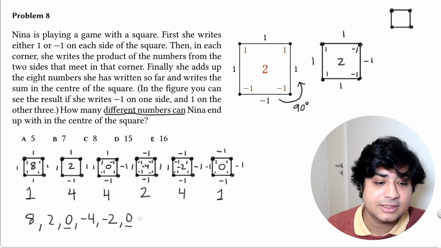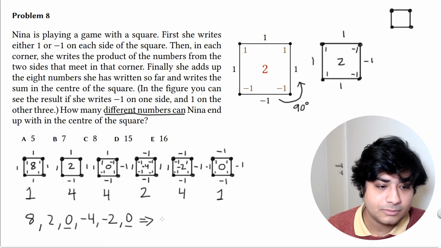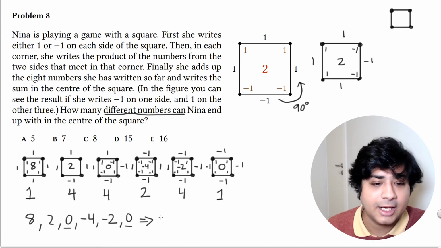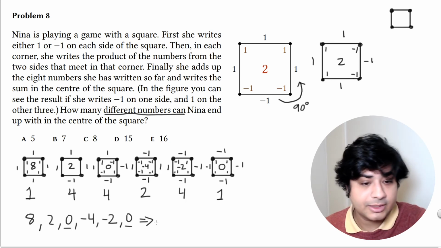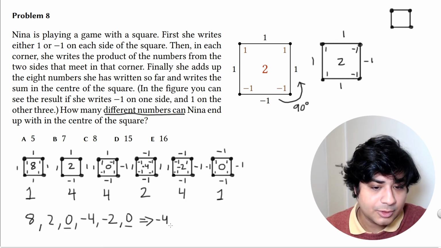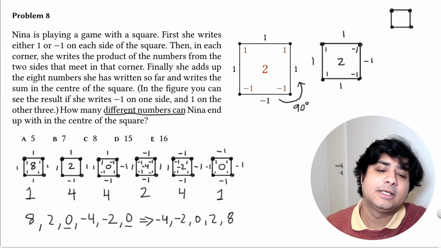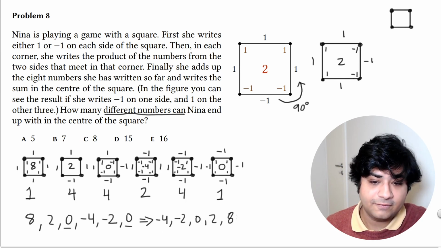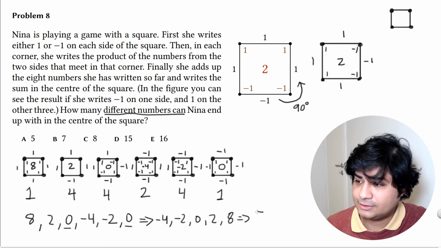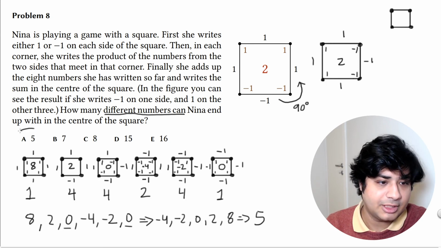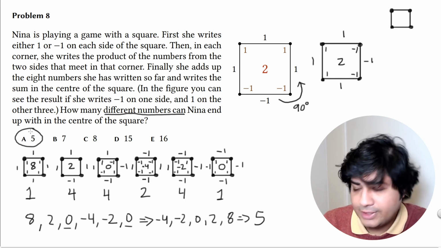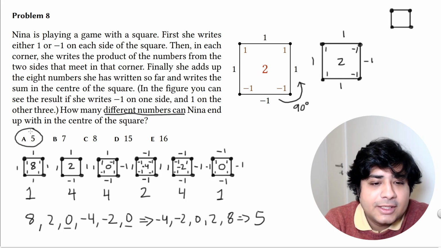So that means that if we remove those, the numbers written out from least to most: -2, 0, and 2, and 8 at the end. That is 5, and that is going to be A. There you go.